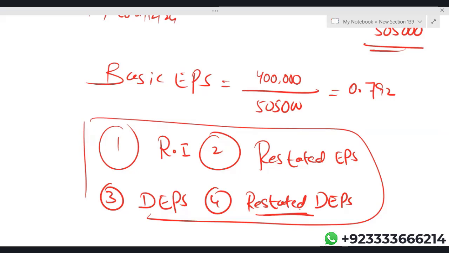What are the 2 objectives of the live revision classes? Let me repeat. One, to give you a quick summary of important IASs and IFRSs. That's the number 1 objective. And the second objective is to discuss the recent past papers with you.